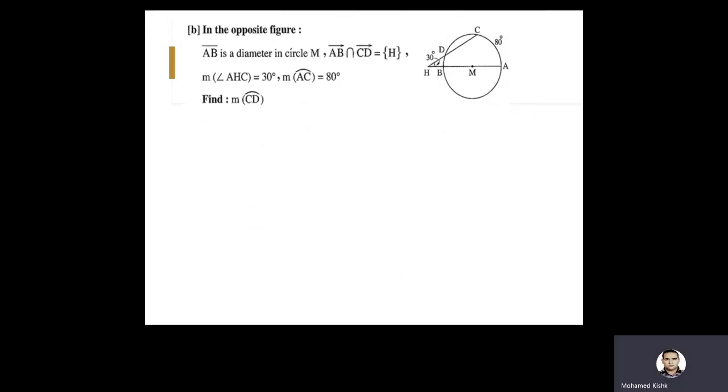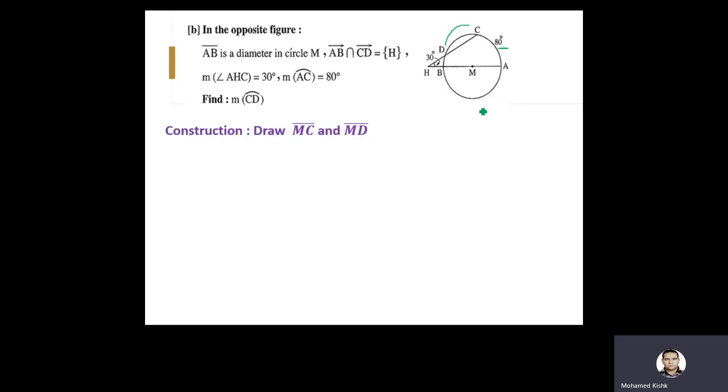The next one, AB is diameter. And this arc AC is 80 degrees, and the angle of H is 30 degrees. We want to get the measure of this arc. Okay, we have to do some construction to make use of this measure 80 degrees.